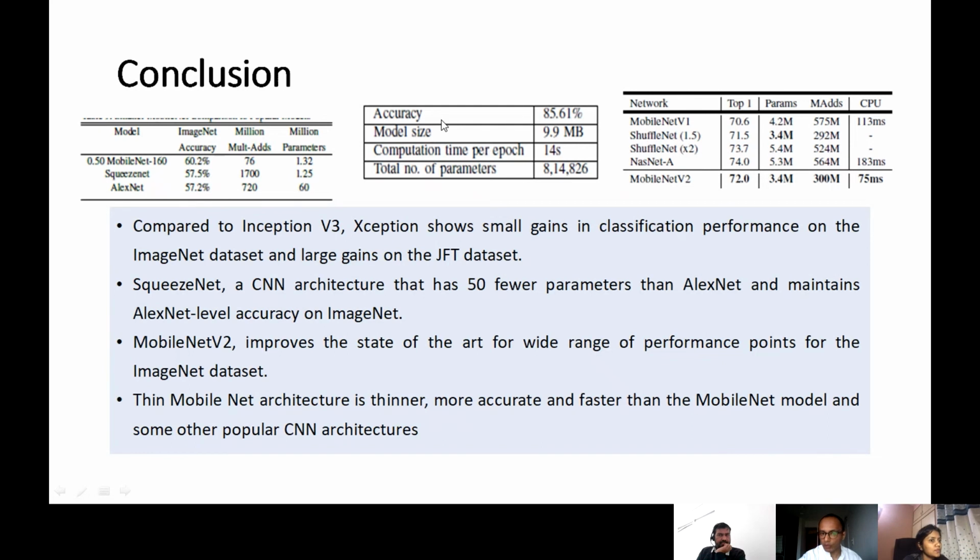Now if we go for thin MobileNet, the accuracy of thin MobileNet is 85.61% on the ImageNet dataset, and the number of parameters is only 814,000, compared to 60 million here and 1.32 million here.